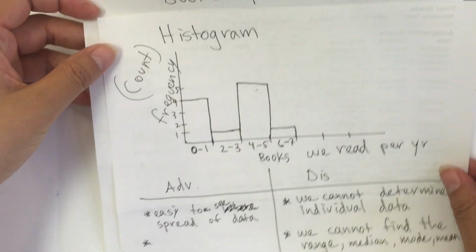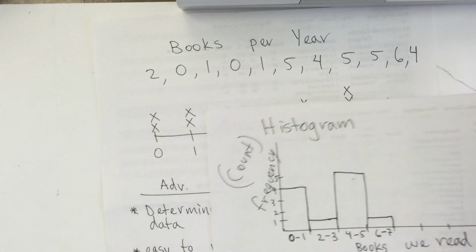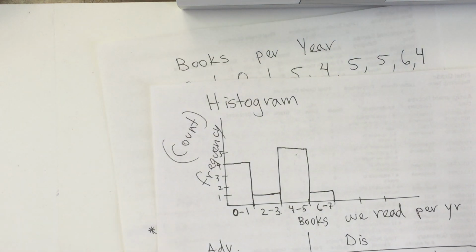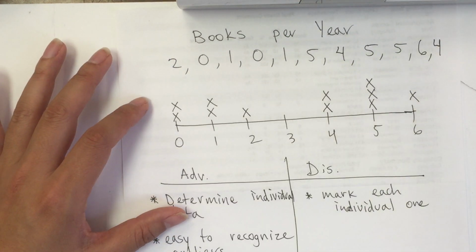Okay, so we'll go back again to that data, and finally we're going to be graphing a box and whisker with that same information.